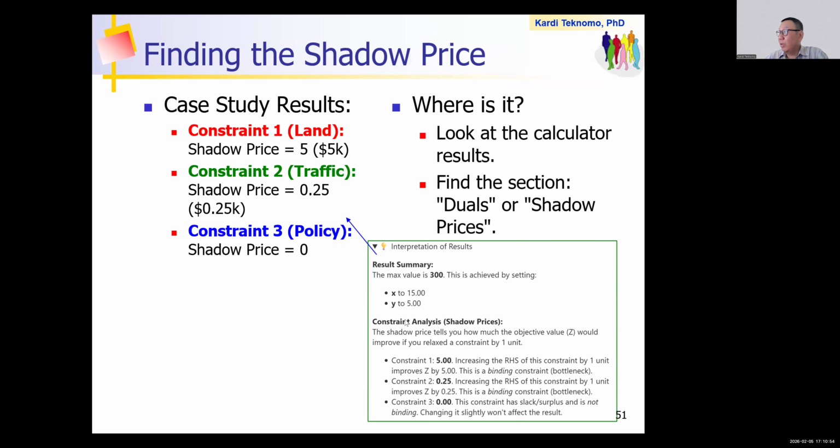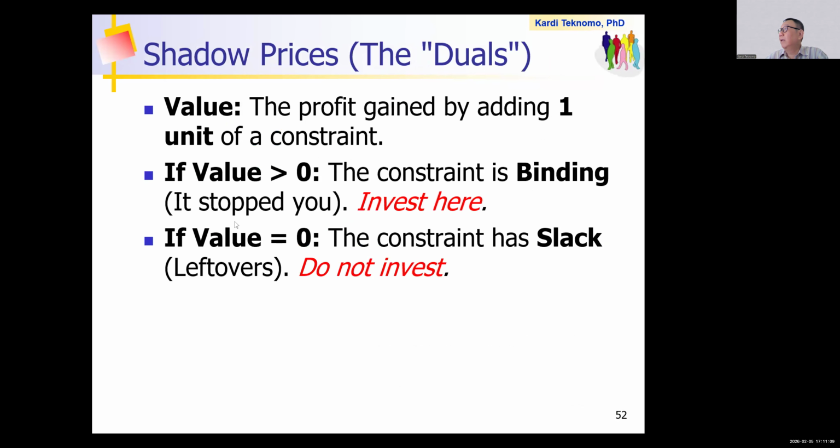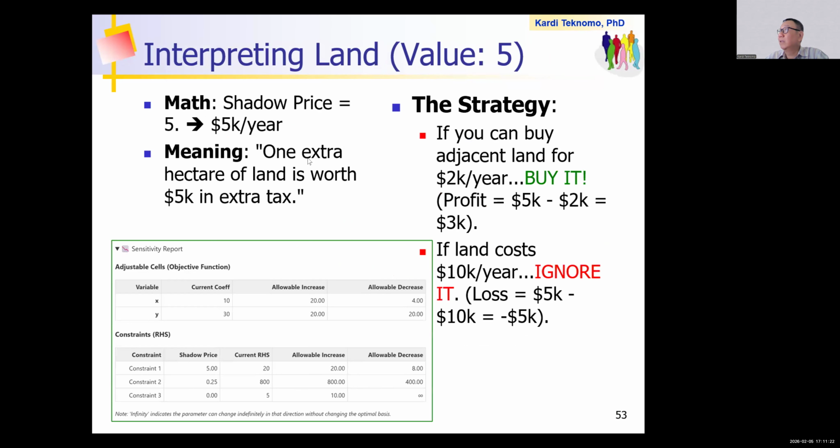And if you look at the calculator, it will show you the actual dual value, and it will tell you also whether it is binding or non-binding. If the value is positive, binding, you can invest. If the value is zero, do not invest. This is the interpretation of this.